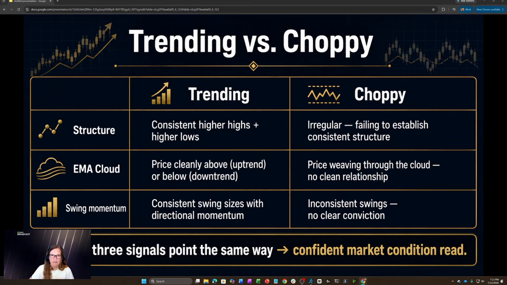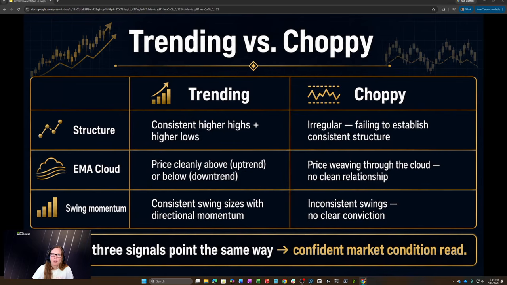Or if price is weaving in and out between those key EMAs, failing at the top but finding buyers at the bottom EMA, or just staying flat right in the middle, your middle EMA that you watch, for me like the 21, staying flat inside of there, that is a choppy market. If it's touching from above and below and just going back and forth, that's choppy.